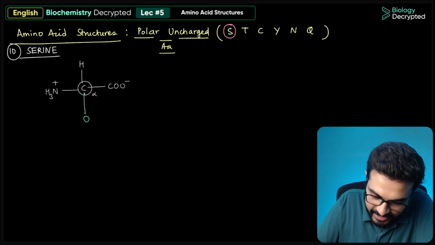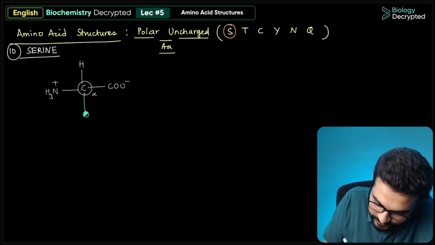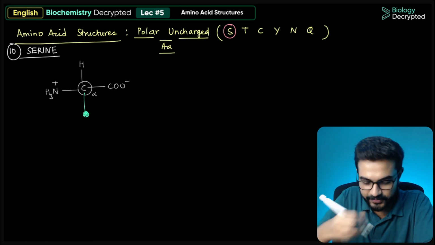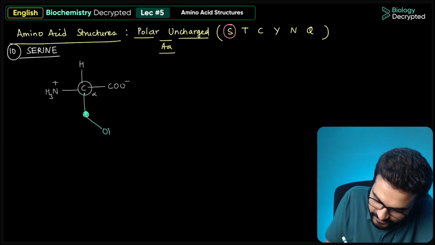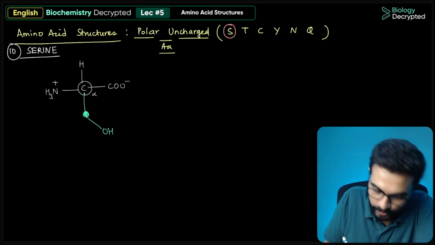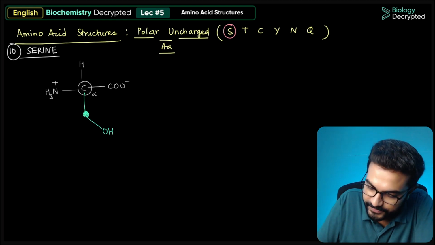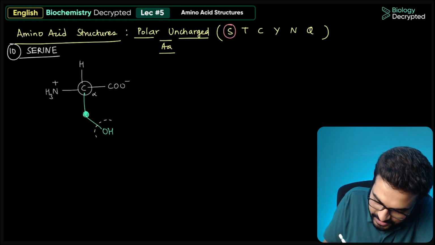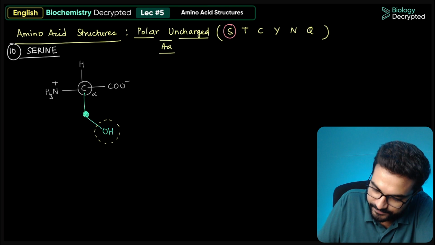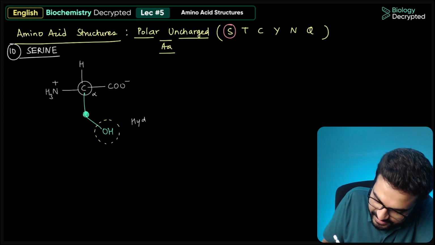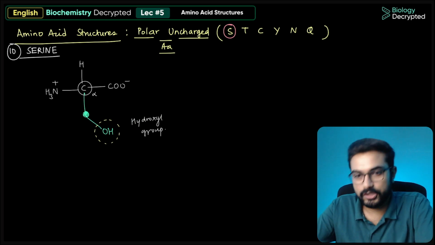Well, this is not directly attached. Well, there is this carbon, there is this alanine kind of a structure. Now here there is this OH group, and this OH group will obviously be called hydroxyl, right? This is simply your hydroxyl group.